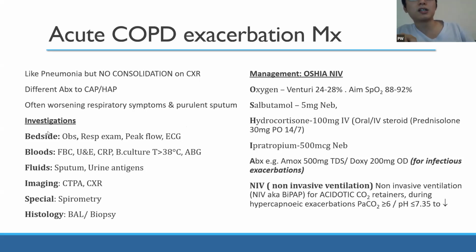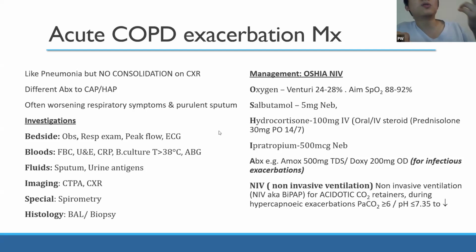So you've got your bedside investigations, you get your obs, you do your resp exam, you do your peak flow, everyone gets an ECG, you do your standard bloods, full blood count, U&Es, your CRP, you'll take your cultures if they're pyrexial, you may want to do an ABG. If they're particularly unwell, yeah, you'll want to do this. Certain people, you don't want to do this, or people who don't want it. It depends. You want to get some fluids in terms of your sputum, in terms of your viral swabs.